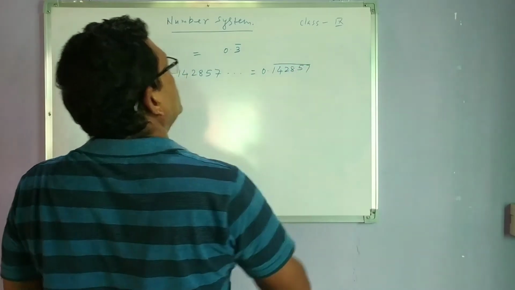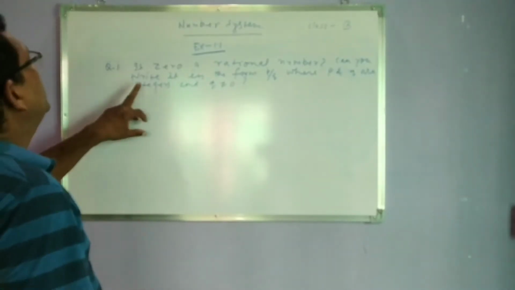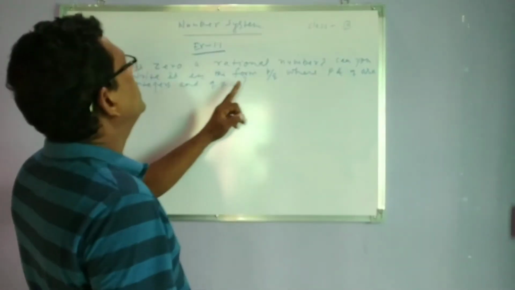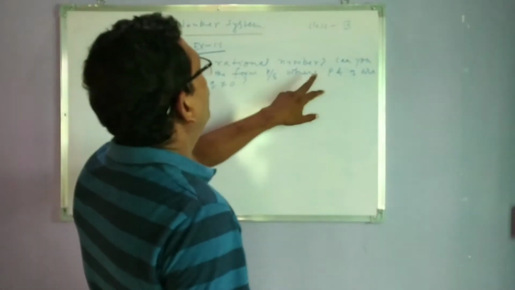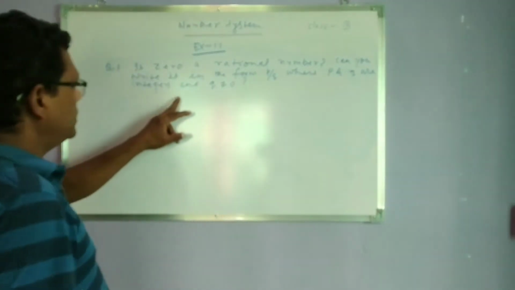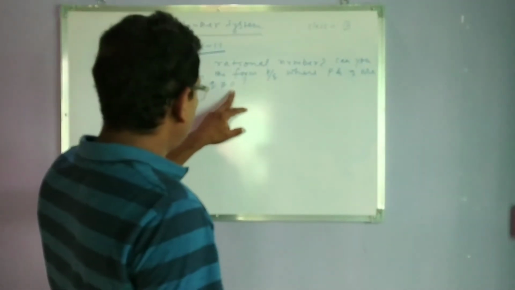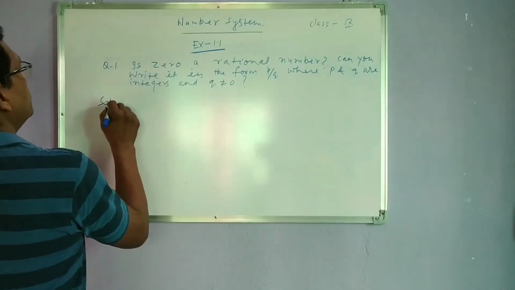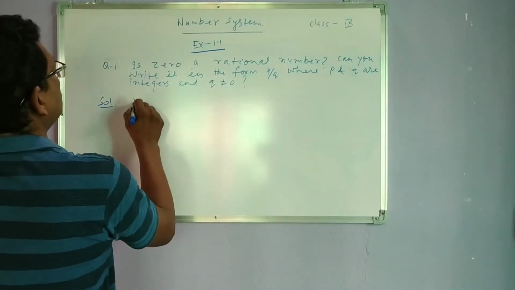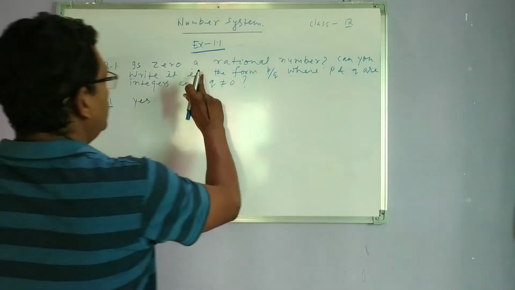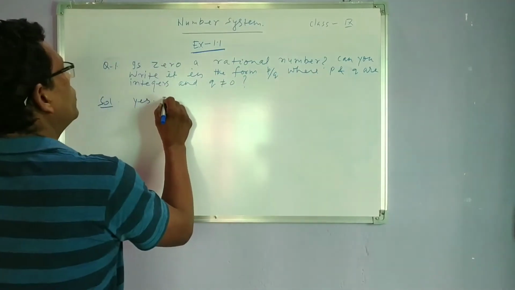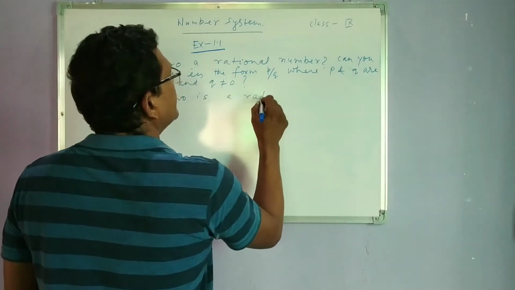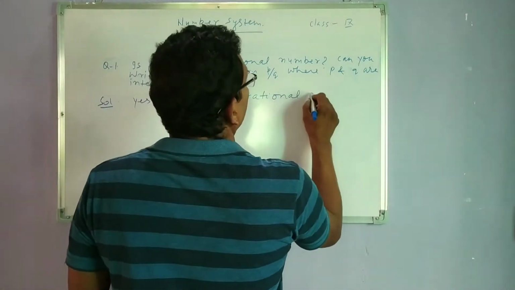First question says, is 0 a rational number? Can you write it in the form p upon q, where p and q are integers and q not equal to 0? Solution. Yes, 0 is a rational number.